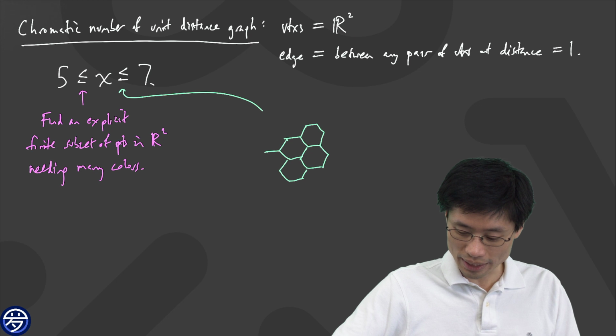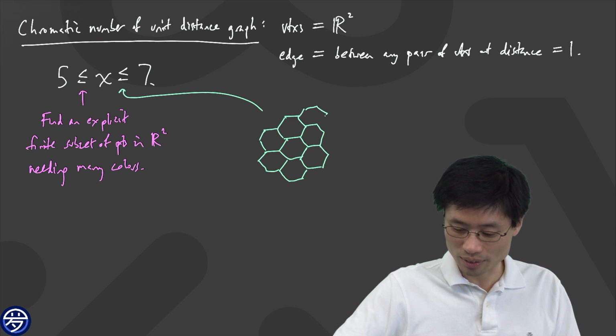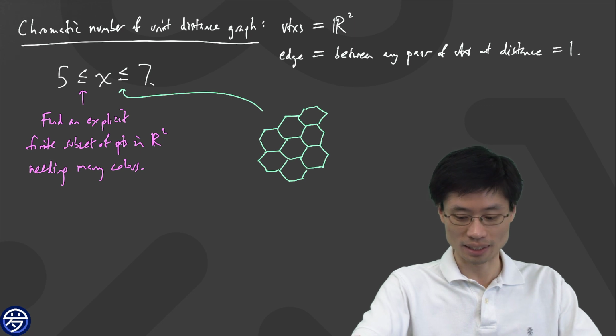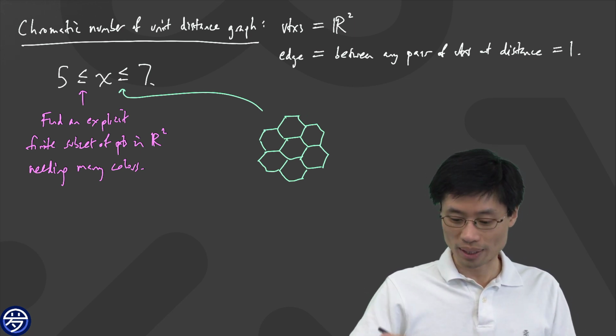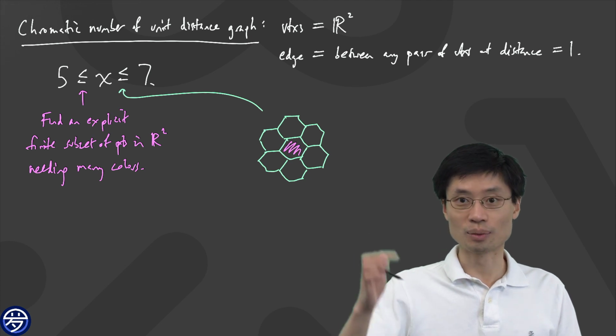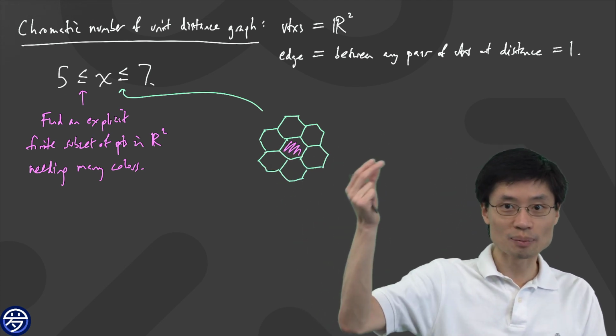And if you choose the size of the hexagons right, then as long as you give the hexagons a valid coloring, where you don't have the same color right next to each other, you're good.